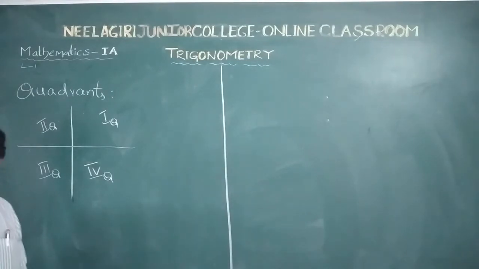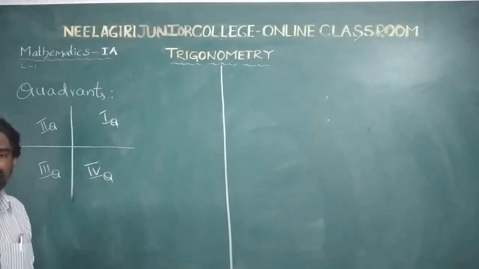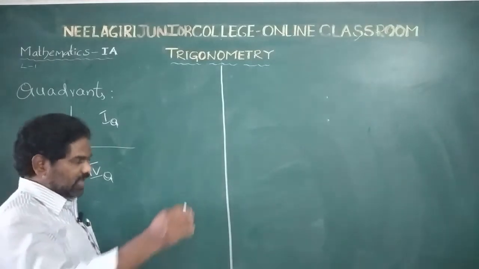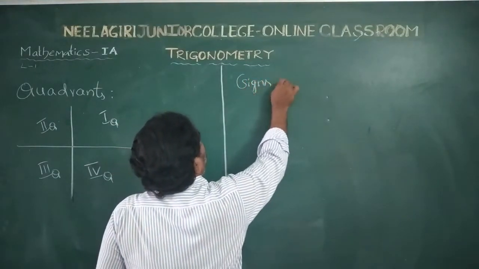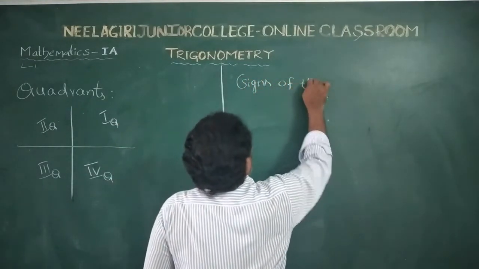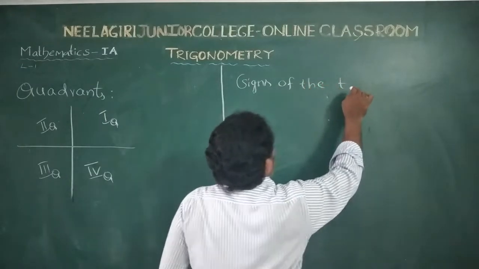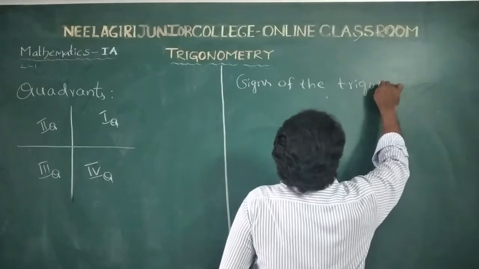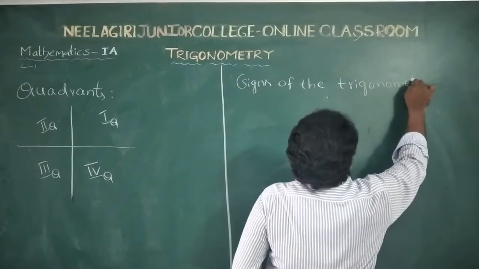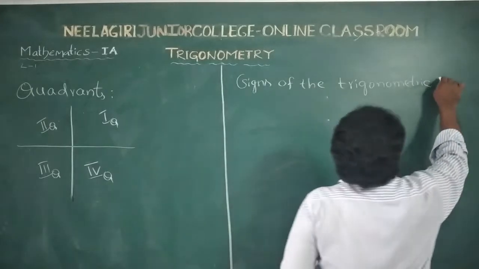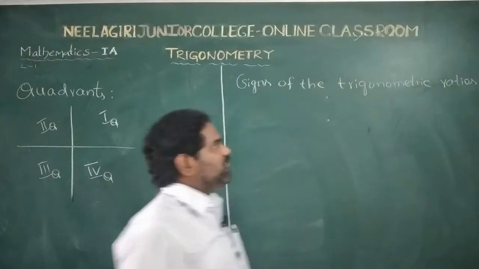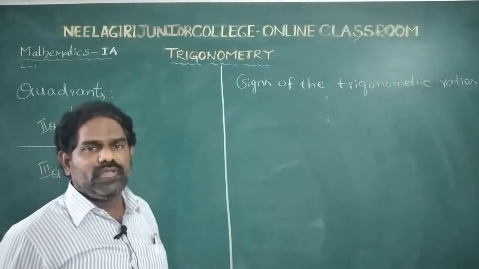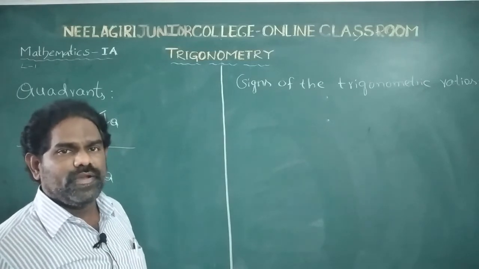Let us see how we take the signs of the trigonometric ratios in the quadrants.